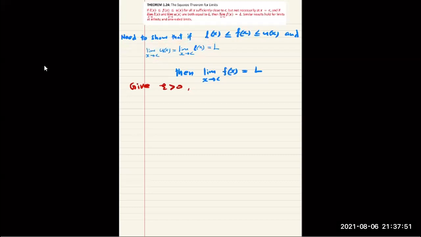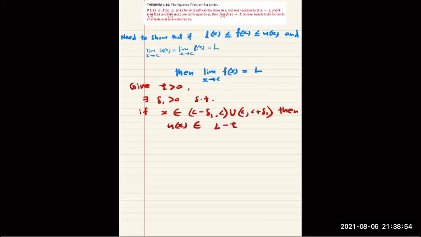For this given epsilon greater than 0, there exists delta 1 greater than 0 such that if my x is in c minus delta 1, c union c, c plus delta 1, then my u of x has to be between L minus epsilon, L plus epsilon.